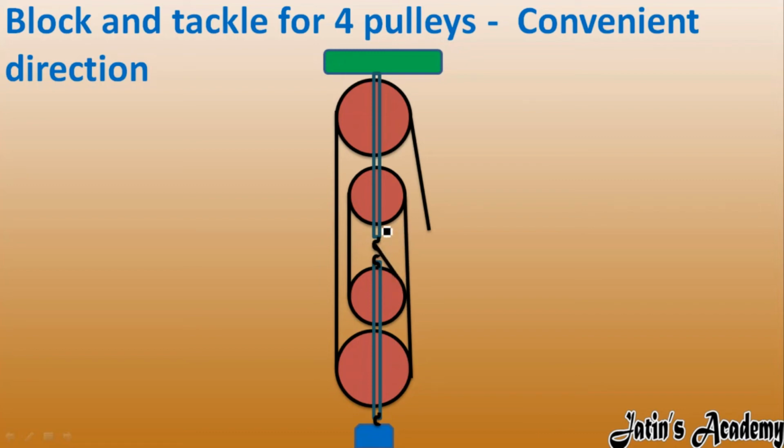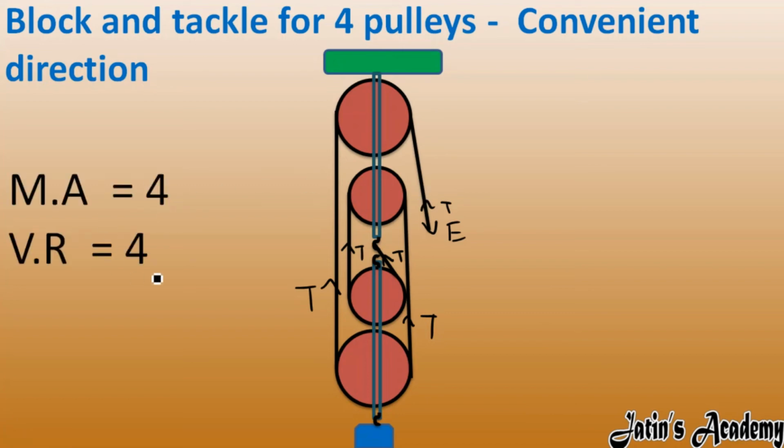Clear? Now again if we see effort, this is the tension for effort. There is one tension from one pulley to another pulley, another tension, one pulley to another pulley, one more tension, one pulley to another pulley, one more tension. So basically we have 4 tensions handling the load and the effort is handling one tension. So here mechanical advantage and velocity ratio are again 4.